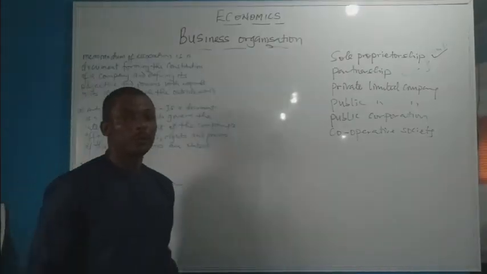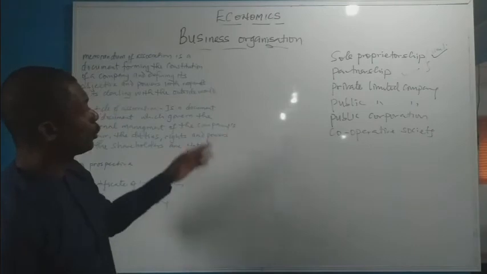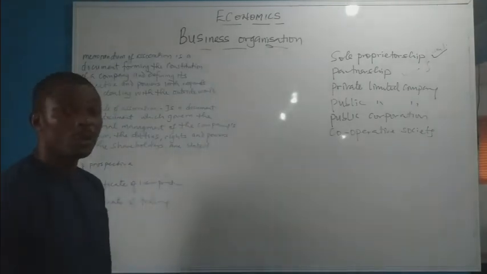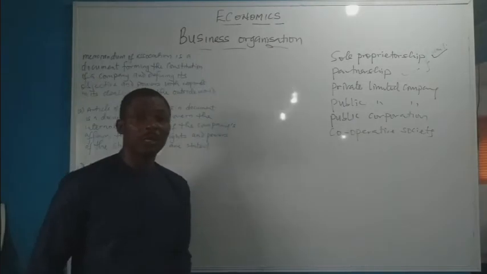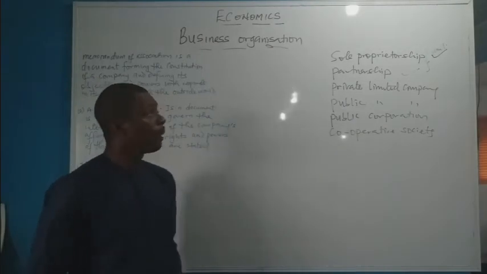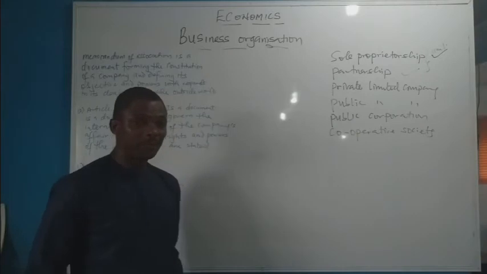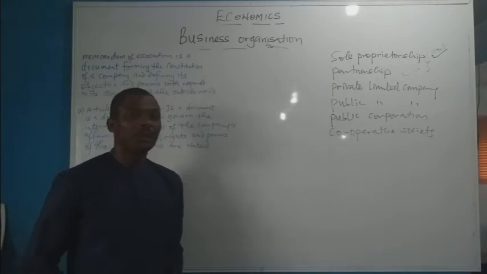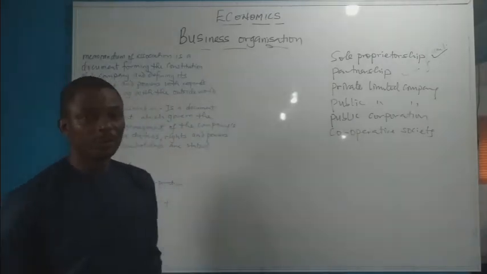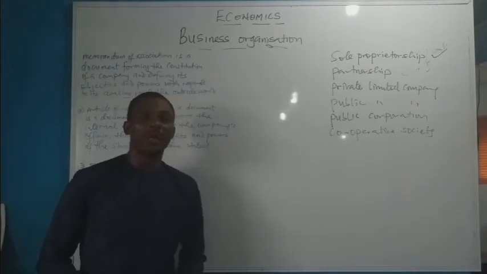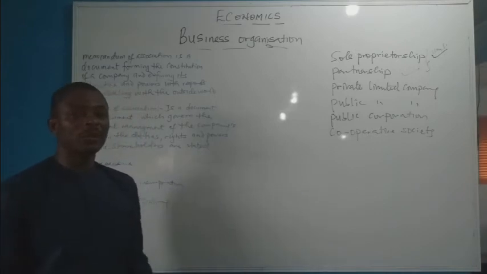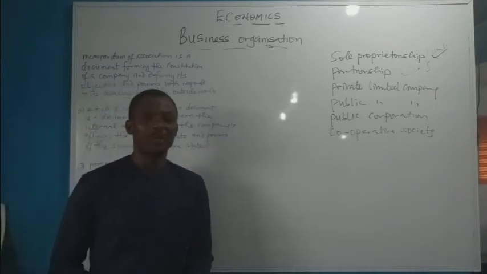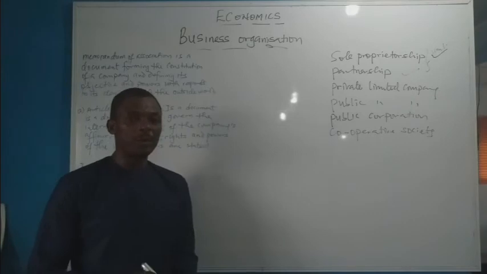Yeah, like we were saying before, we are now going to the private limited liability company. We have dealt with the sole proprietorship, we've dealt with the partnership, now we are in the company aspect, limited liability company. Now the limited liability company comprises the private limited liability company and the public limited liability company. The word limited means that the amount of capital that they have contributed to the business or the amount of debt will be limited to the amount of capital that they have contributed to the business.